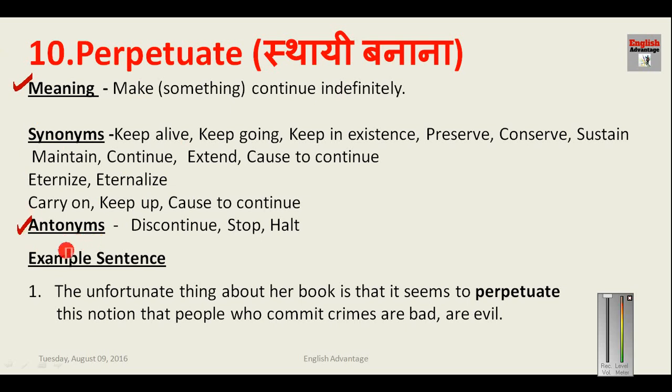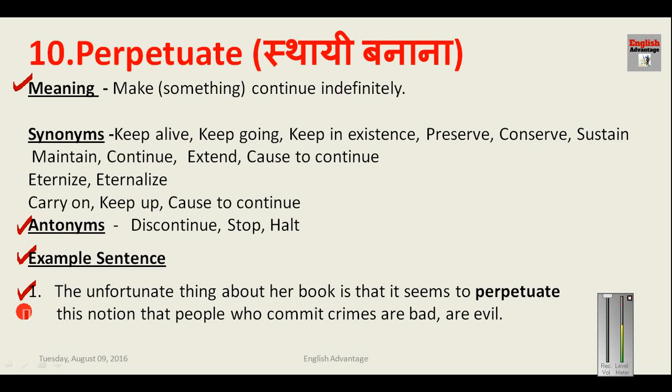These are the antonyms. And let us look at the example sentences. The unfortunate thing about her book is that it seems to perpetuate this notion that people who commit crimes are bad or able. Very good sentence.